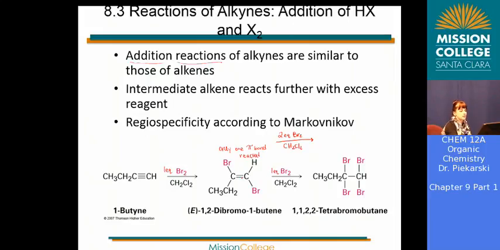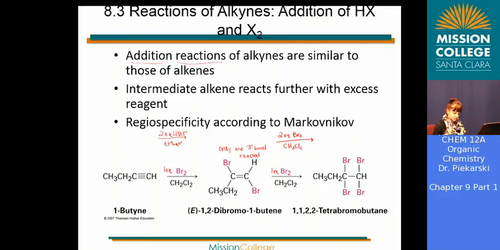Stereochemistry obviously matters with the first addition, trans, kind of similar to what we've seen in the previous chapter. Regiospecificity also is important, so it does follow Markovnikov's rule. So when you do, for example, 2 equivalents of HBr in ether as your solvent, the bromine is going to add to the more substituted side.